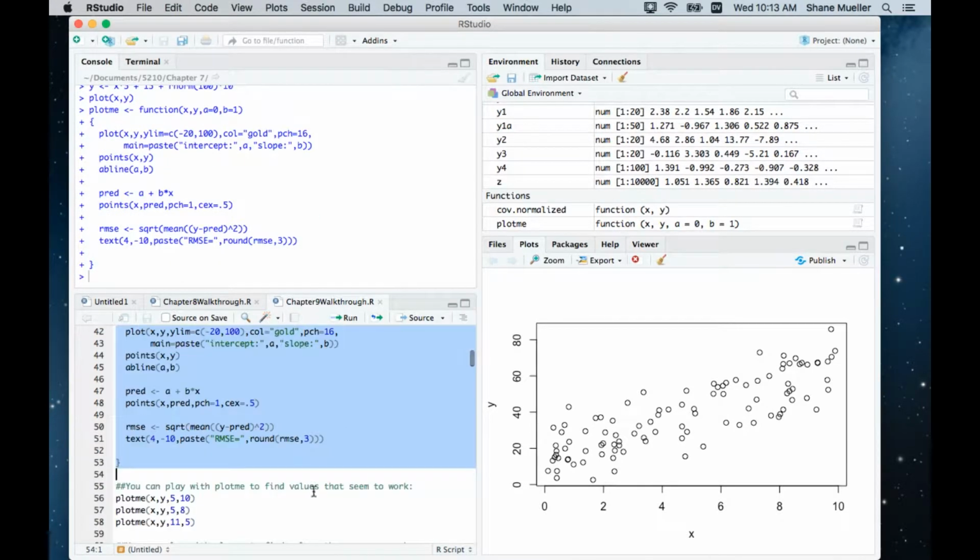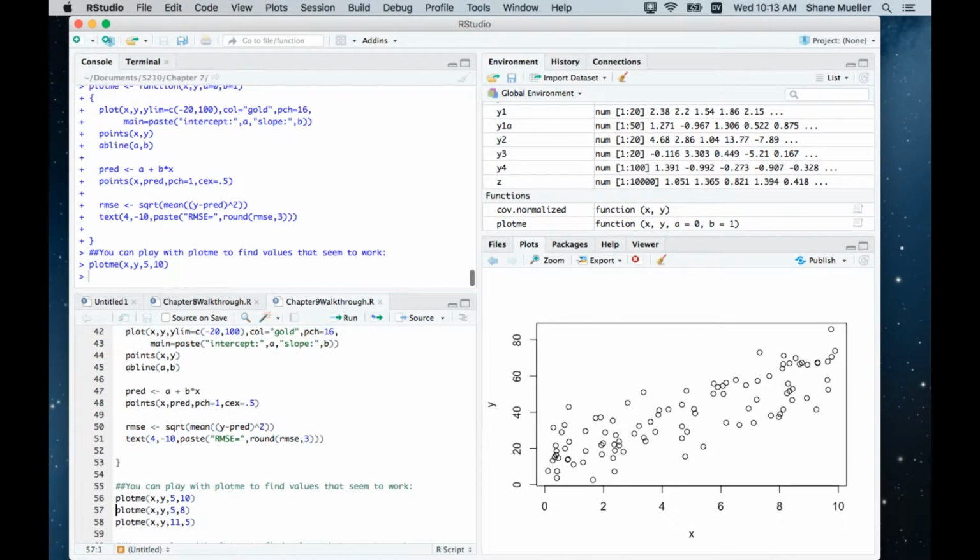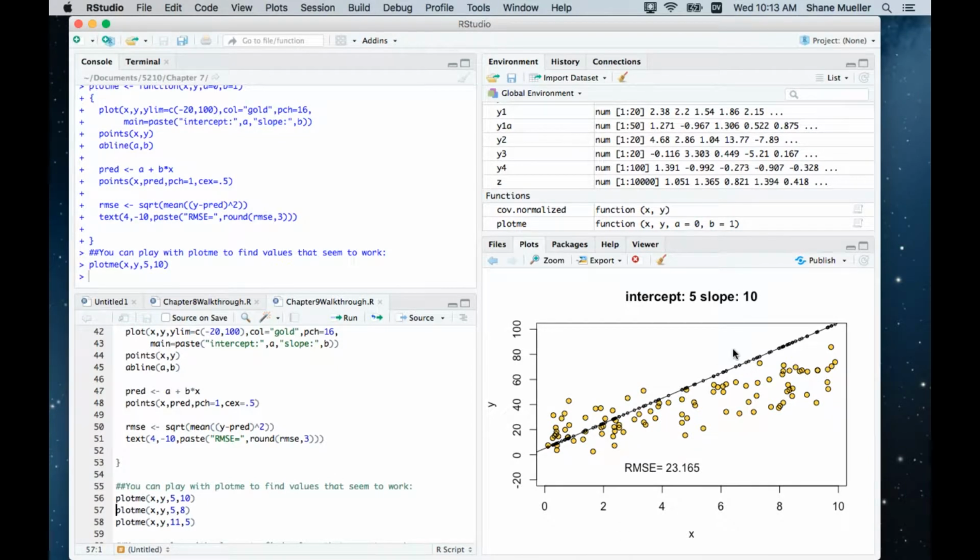So if I run this, I can run plot me, and you can see here I've got the original data, I've got the line, which is our model, and every point here is actually the point predicted by the model for the observed point. So every point here has, if you project it down to the line, there'll be a little dot showing where the model thinks it should be.